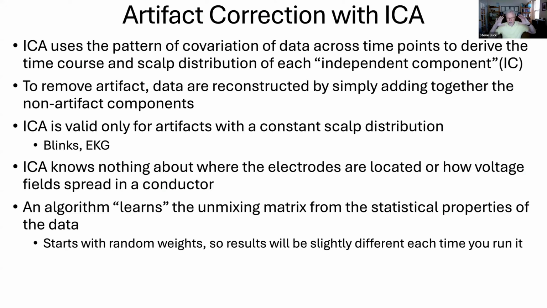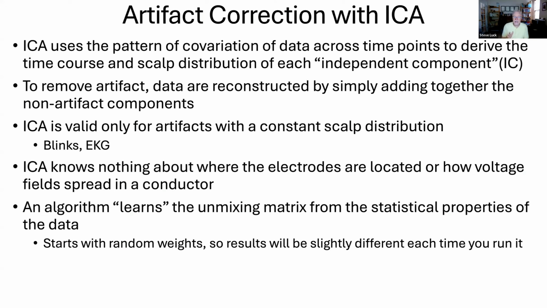We think of the EEG at any given electrode site as the mixture of many different sources. It learns an unmixing matrix that turns the scalp voltages into time courses of underlying independent components. For each component, you have the time course of that component, like the amplitude over time, and you have the scalp topography of that component.